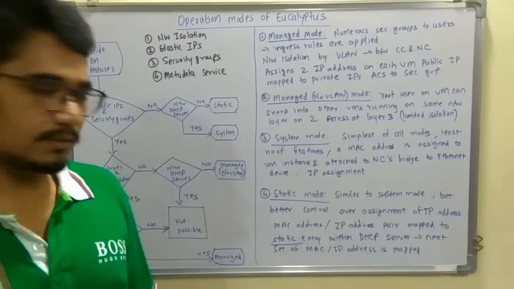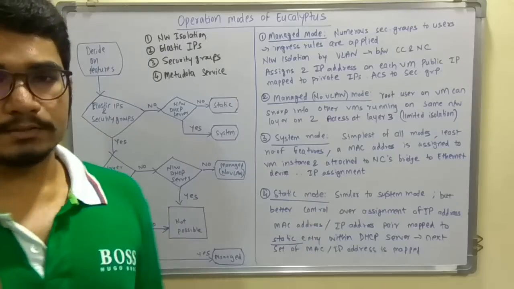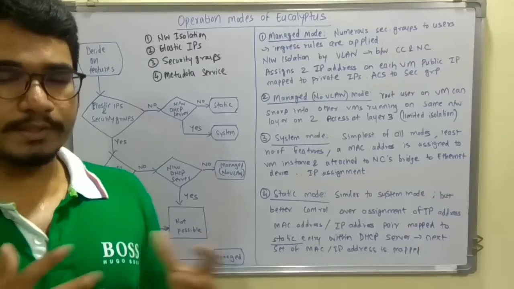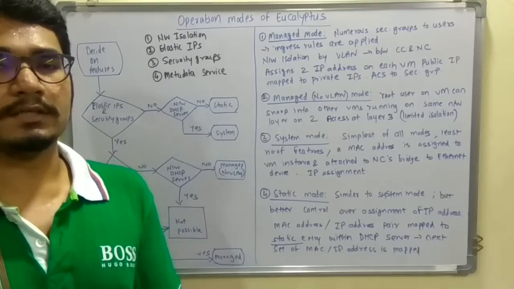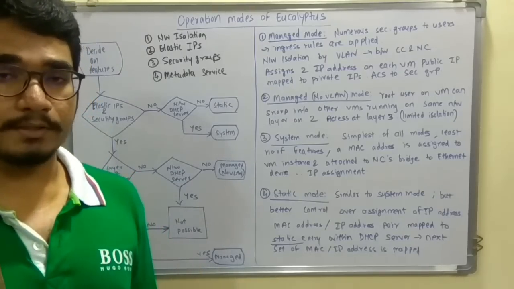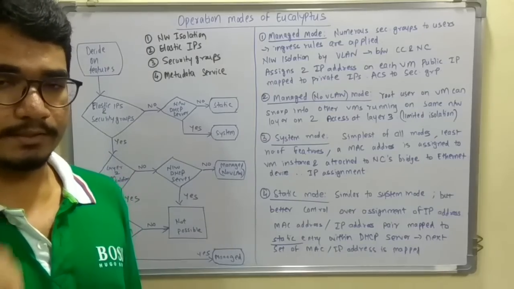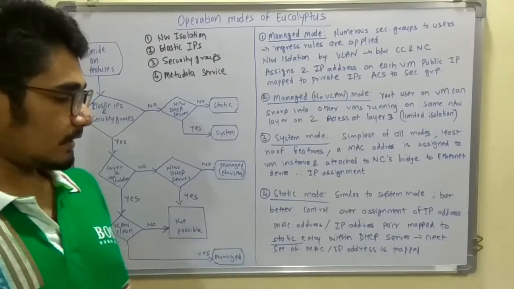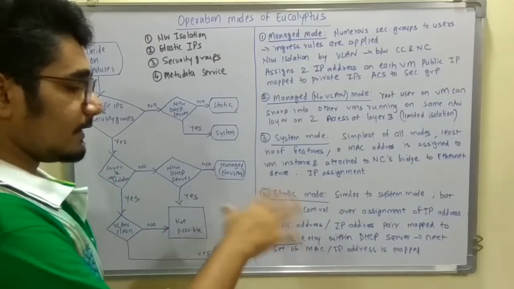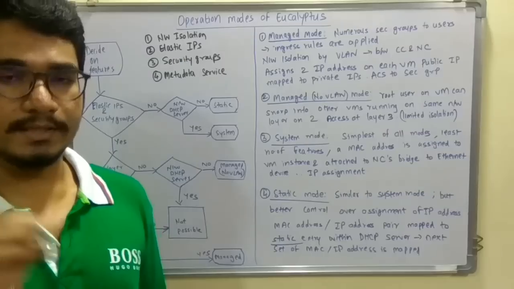Then comes the static mode. Static mode is similar to the system mode, but it has better control over IP assignment than the system mode. It has its own set of MAC addresses or IP addresses created at the back end. Whenever a VM instance is created and a static entry is found, it will statically map that entry to the VM using a DHCP server.